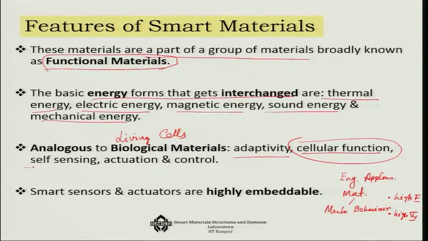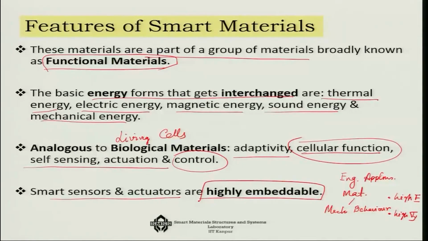They are self-sensing and actuating, which means that you can generate forces from them, and you can also use them as a sensor. That is why they are self-sensing and actuating. And not only that, you can control them. You can change these behaviors. Finally, these sensors and actuators are highly embeddable. We have talked about composites.